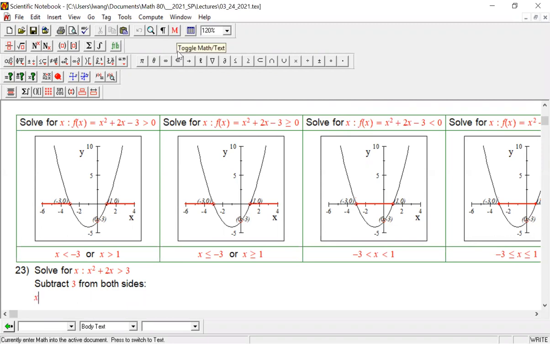We get x squared plus 2x minus 3 larger than 0. Does this look familiar? Isn't this question the same question here? So this question, number 23, is really number 19 in disguise, isn't it?